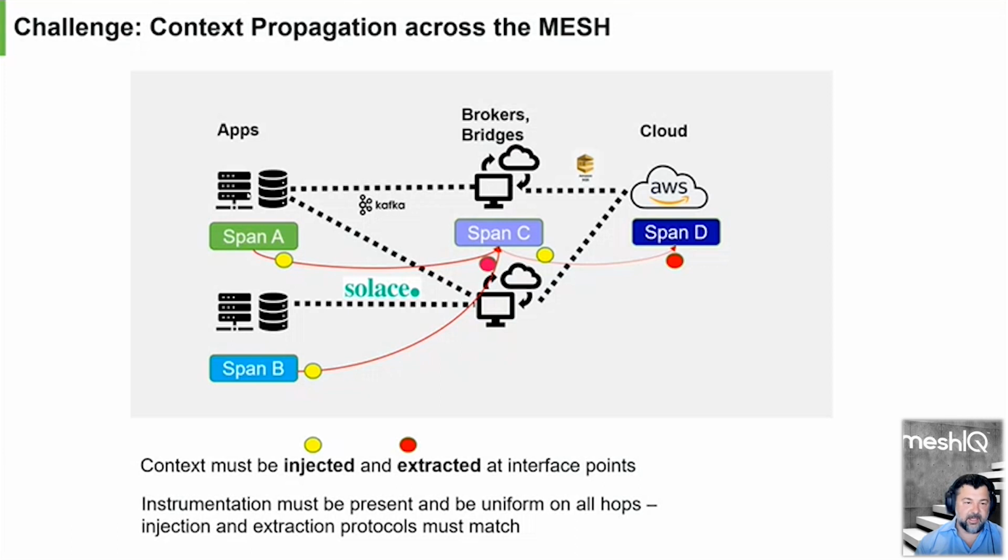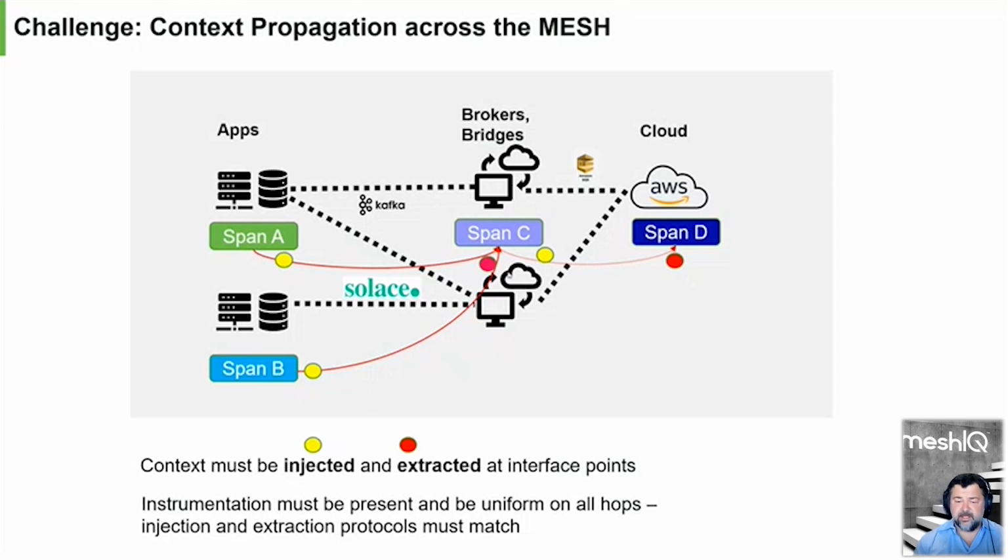So, for example, if application A sends to application B or C, it needs to inject the context into that message. The injection has to be paired with extraction: if you included context, it needs to be extracted at the application, and then that context needs to pass through the whole leg of the execution.